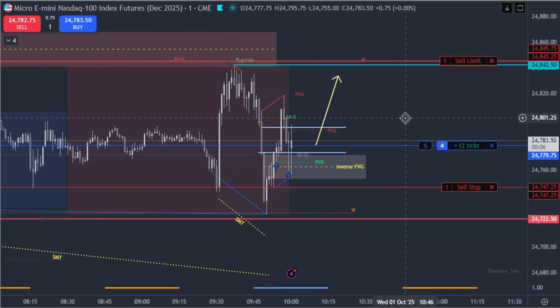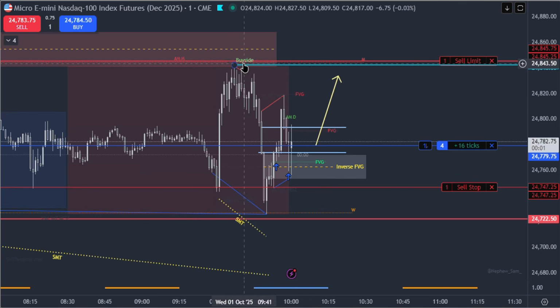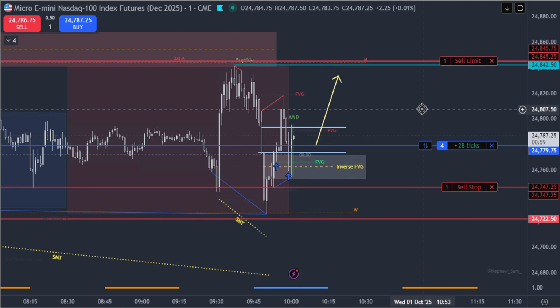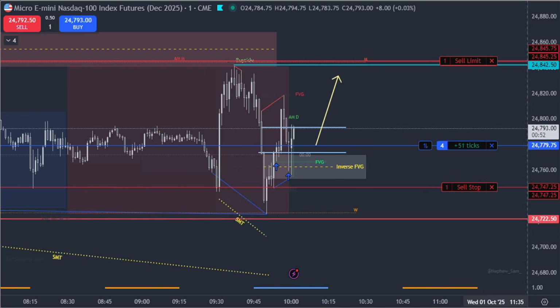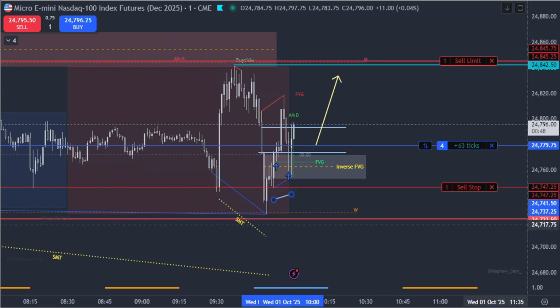So just because I don't want it to stop me out after it purges this buy side, I will go to break even. And then if you take a look here, we got more SMTs.